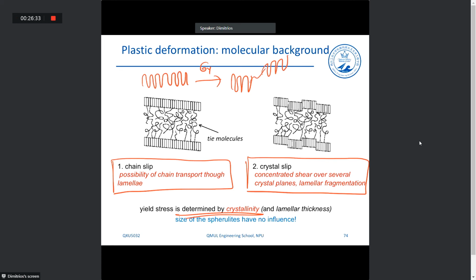So it is a bit complex phenomenon. Two definitions for the molecular background. The yield can be due to chain slippage or crystal slip. Well, the crystal slippage being a more common case.